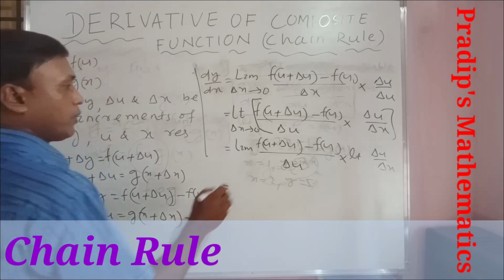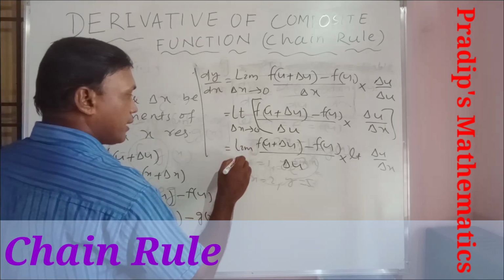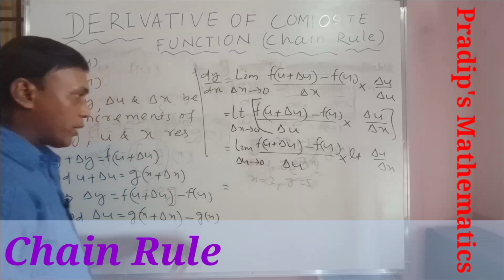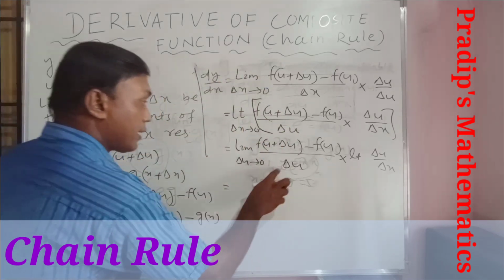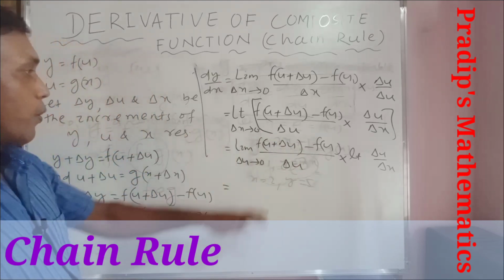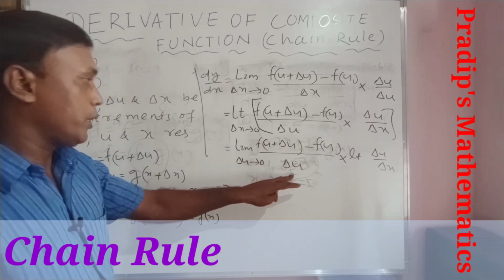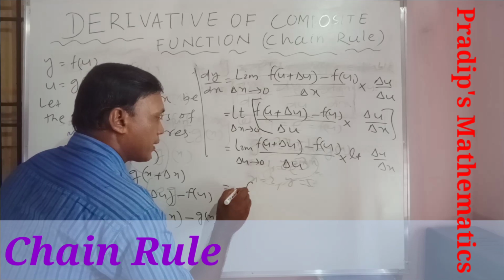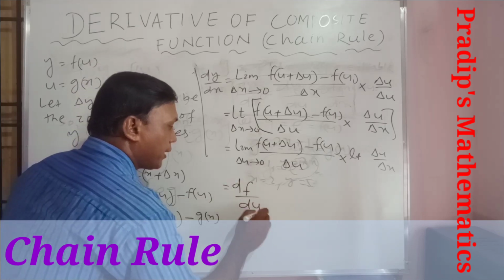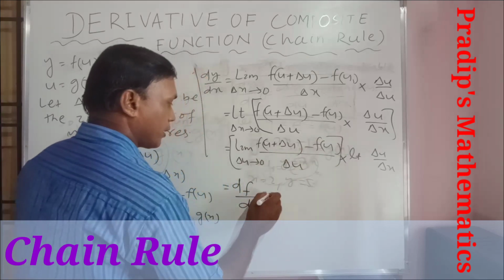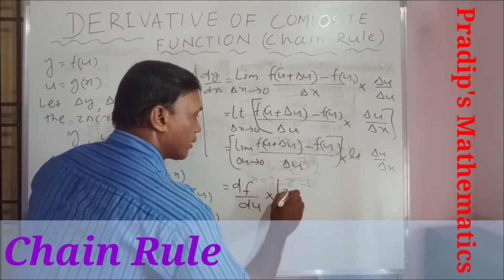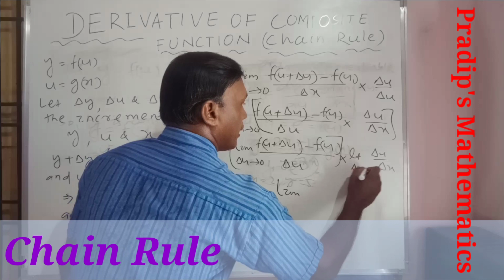Here del u tends to 0 because as del x tends to 0, del u also tends to 0, and this is the derivative of f with respect to u, means this is df by du.